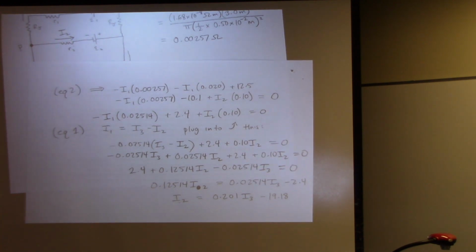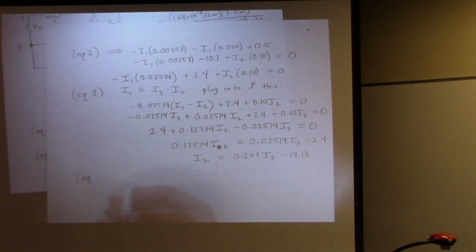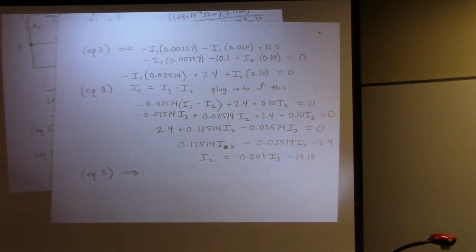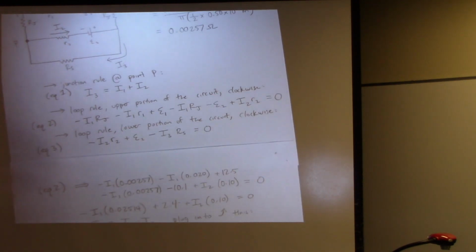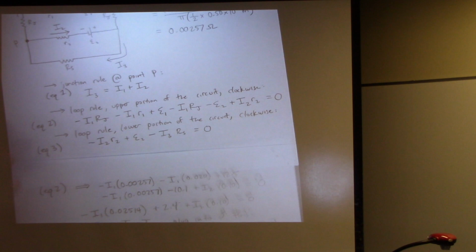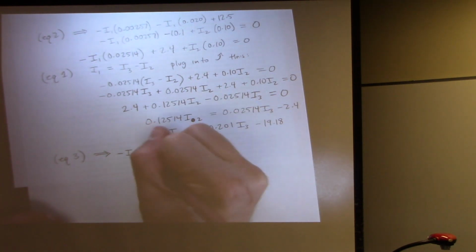Okay, so let's finish this off by taking equation number 3 and plugging in what we know. Equation number 3 says we have minus I2 times little r2. So that's going to be minus I2 times 0.10.